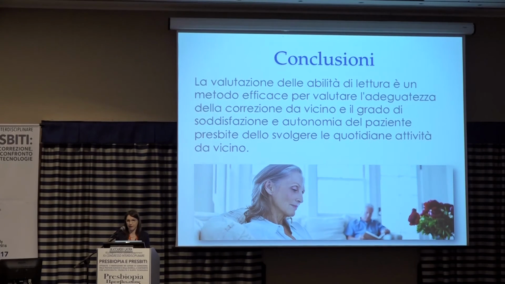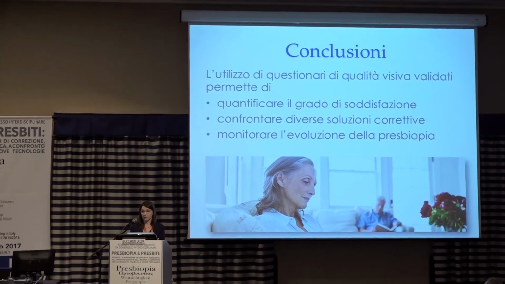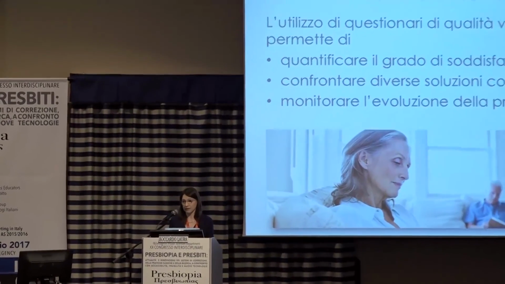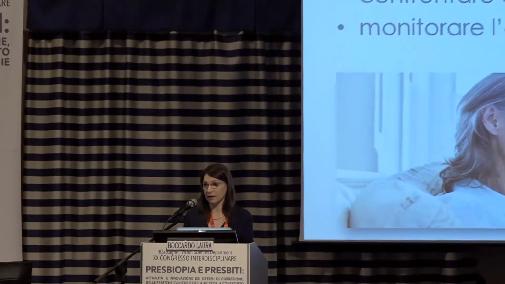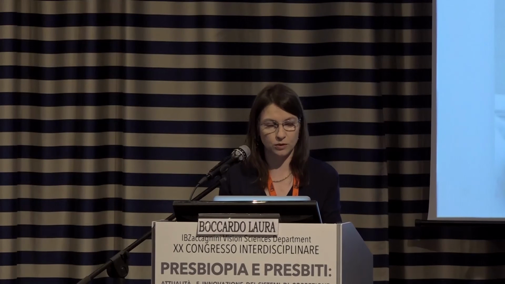In conclusion, we can say that the reading ability assessment is a sensitive test and helps evaluate correction, degree of independence and satisfaction with respect to near vision daily activities.